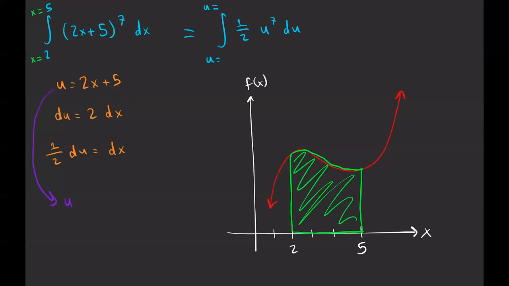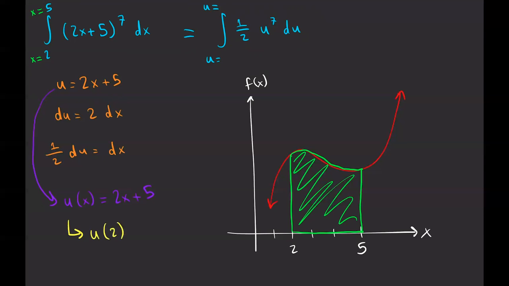As I've said before, you by no means have to do this, but you can write this explicitly in function notation: U of X equals 2x plus 5. I mentioned that before solely for this purpose, because now it's very easy to see that we can evaluate U of 2.